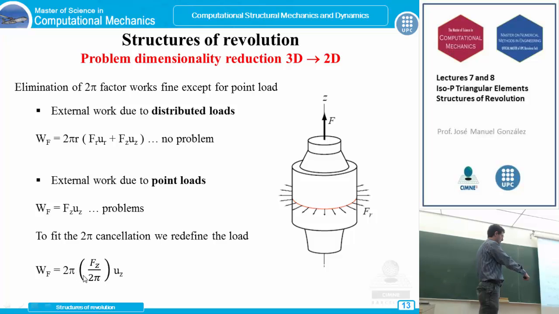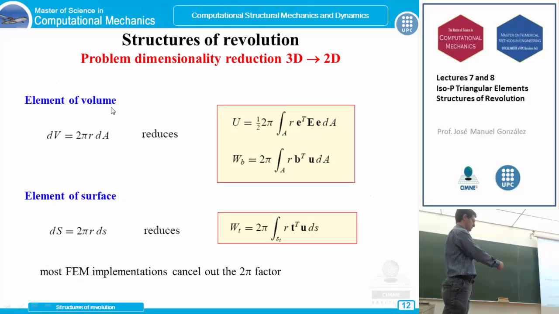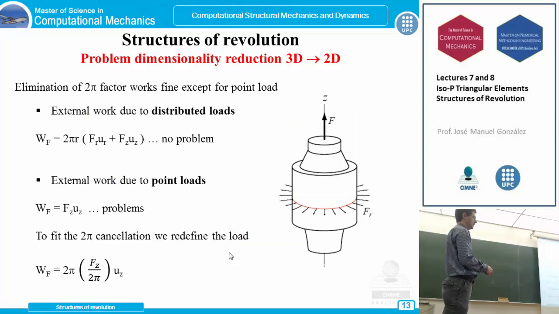So we consider this point load divided by 2π for the external work, and then assuming this value for this point load, we can banish this 2π factor in all the terms and treat it this way. So usually FEM implementations banish this 2π factor in the calculation, but considering that if point loads acting in the axis exist, we must make this little change in the formulation of the external work and then in the consistent nodal vector.